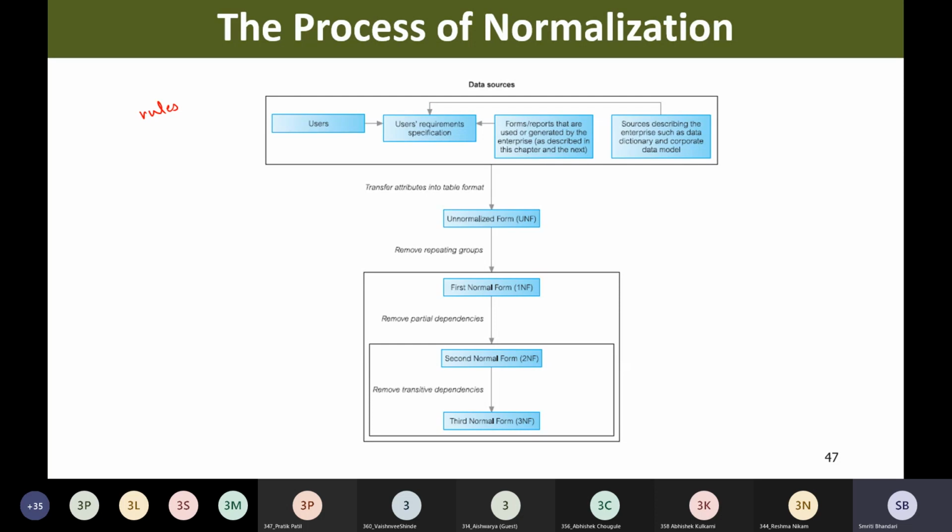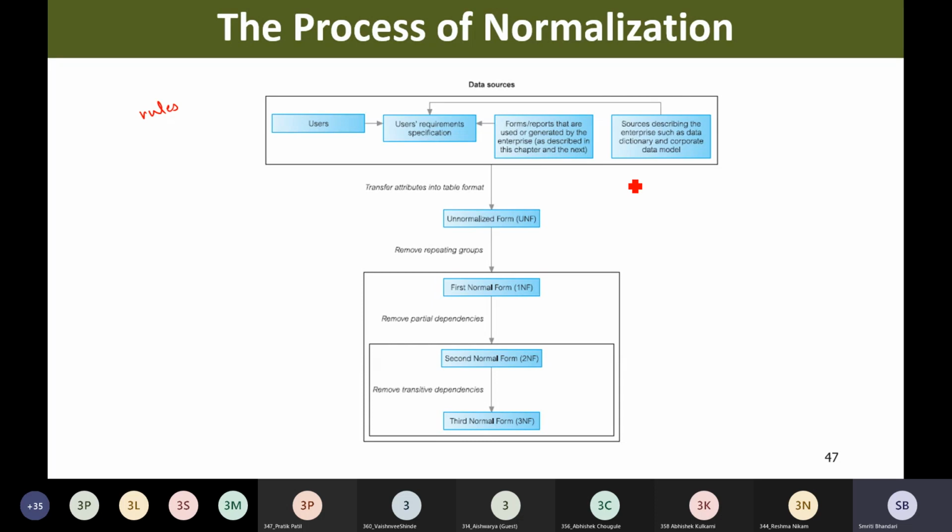Those can be used to test the individual relations so that a database can be normalized to the desired level. So when a requirement is not met, the relation that violates the requirement or the rule must be decomposed into relations that individually meet the requirements of the normalization.